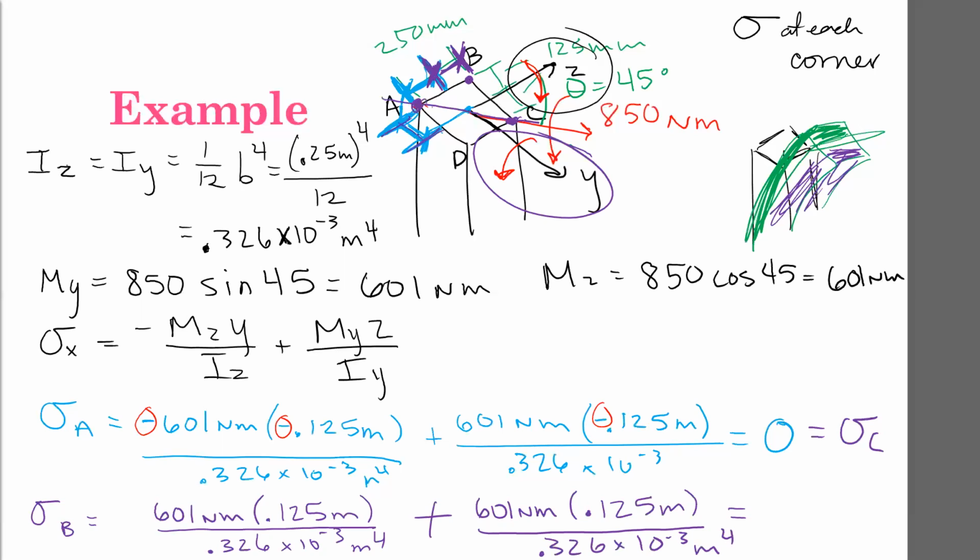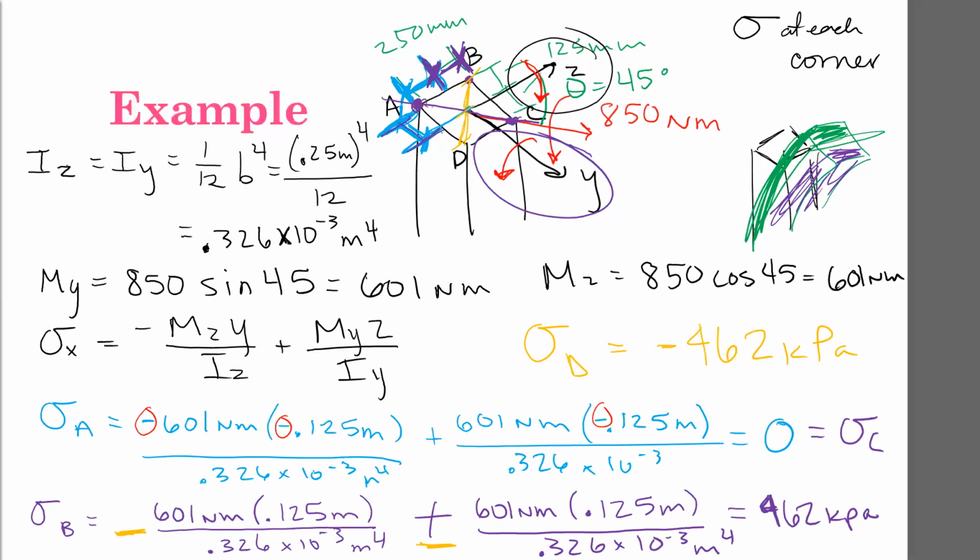And when I add those together, I'm going to get 462 kilopascals. And we know we can calculate it, but to save us some time, we know from the symmetry, sigma D must then be equal to negative 462 kilopascals, because it's the same distance away from that neutral axis. But you could go through this calculation again if you want. The only difference would be when we asked ourselves, is that in compression or is that in tension? We would get that this was in compression and that this was in compression. So we get exactly the negative of what we have here.